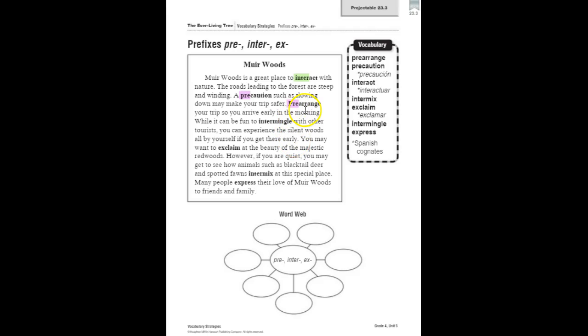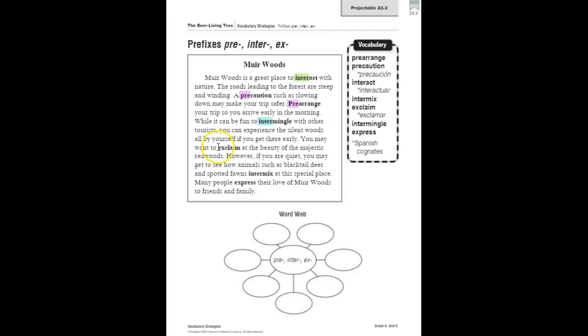To prearrange, we know that pre means before. So you're arranging something beforehand. And precaution is you're taking the caution before you start driving. Now interact is a little bit different because we're acting between or among the people or the woods. Same thing with intermingle, which is our next word. We're mingling between and among people and other tourists.